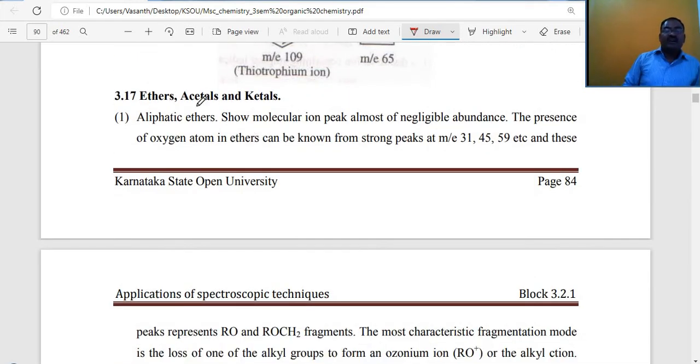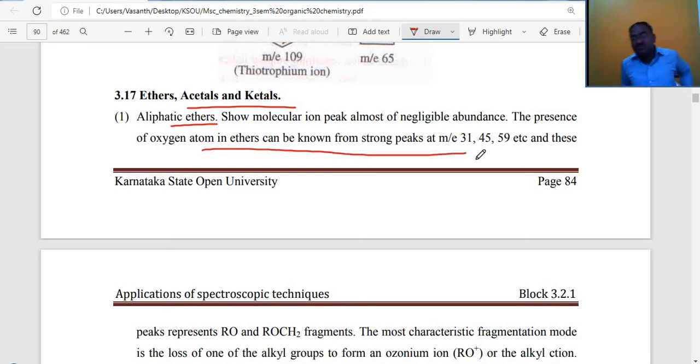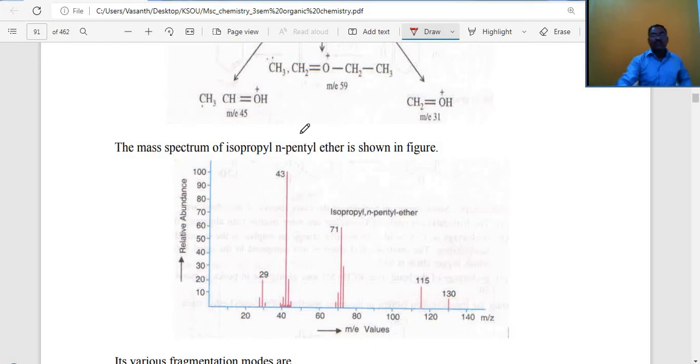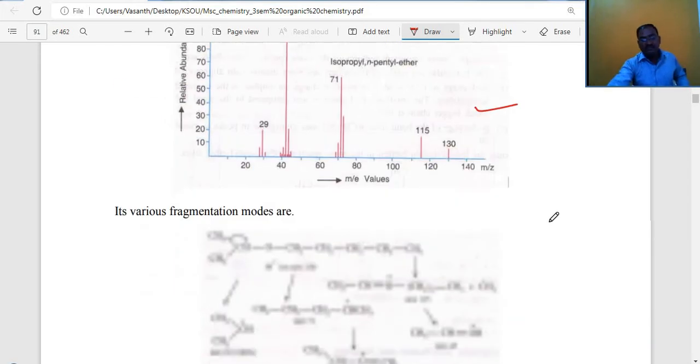Ethers, acetals and ketones. In aliphatic ethers, the presence of oxygen atoms can be shown by strong peaks at 31, 45, 59, etc. This is the spectrum of n-pentyl ether.